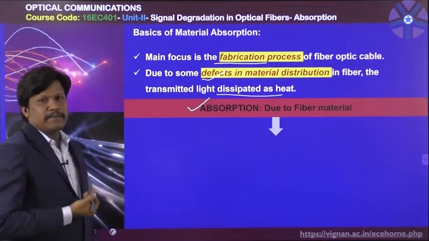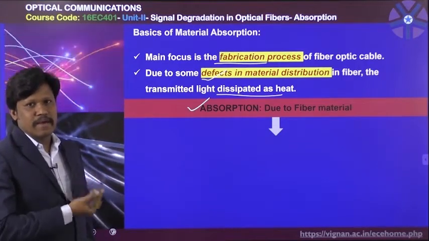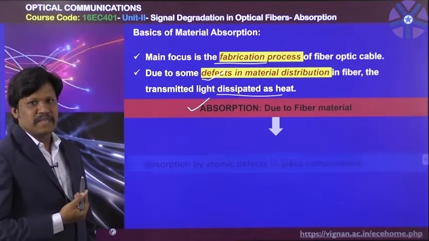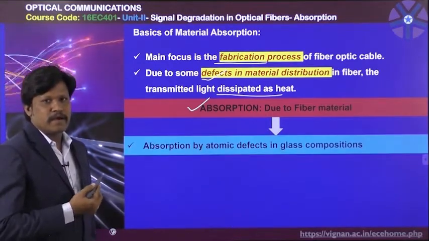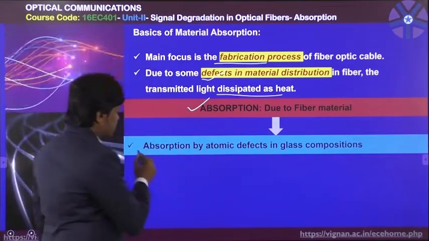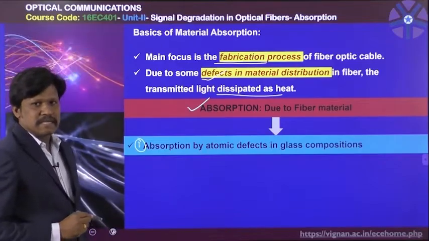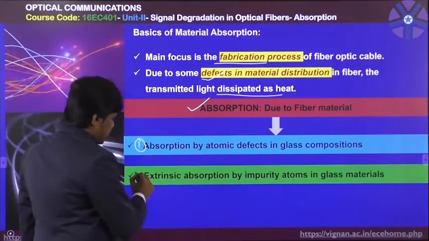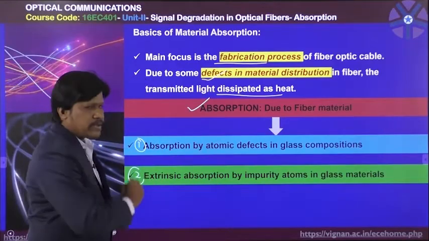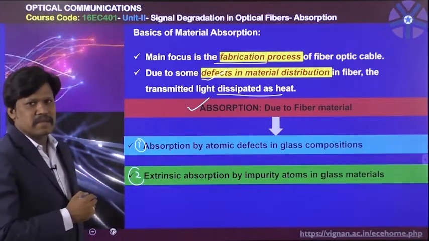There are three important mechanisms which lead to absorption. First is absorption by atomic defects in glass compositions. Second is extrinsic absorption by impurity atoms in glass materials.